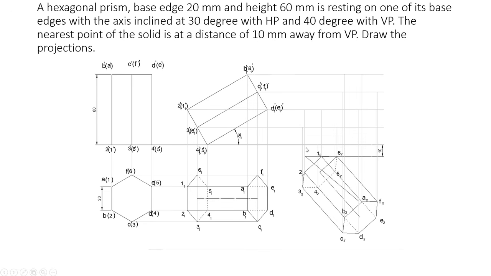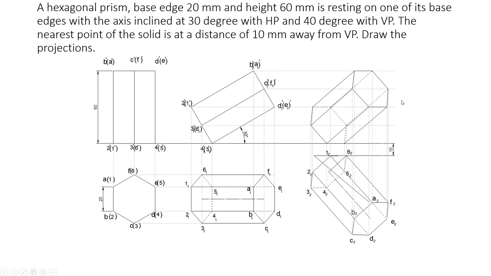Now draw vertical lines from all these 6 points here to the corresponding line, that is 1 2 to 2 2, 1 2 to 1 2 dash, 2 2 to 2 2 dash, 1 2 to 1 1 dash, 2 2 to 2 1 dash, 3 2 to 3 1 dash, etc. Here and here also, that is A2 to A1 dash, B2 to B1 dash, C2 to C1 dash, like this, D2 to D1 dash. So you'll get 6 points here and 6 points here. Connect those points, you'll get straight lines like this. You'll get 2 hexagons like this.